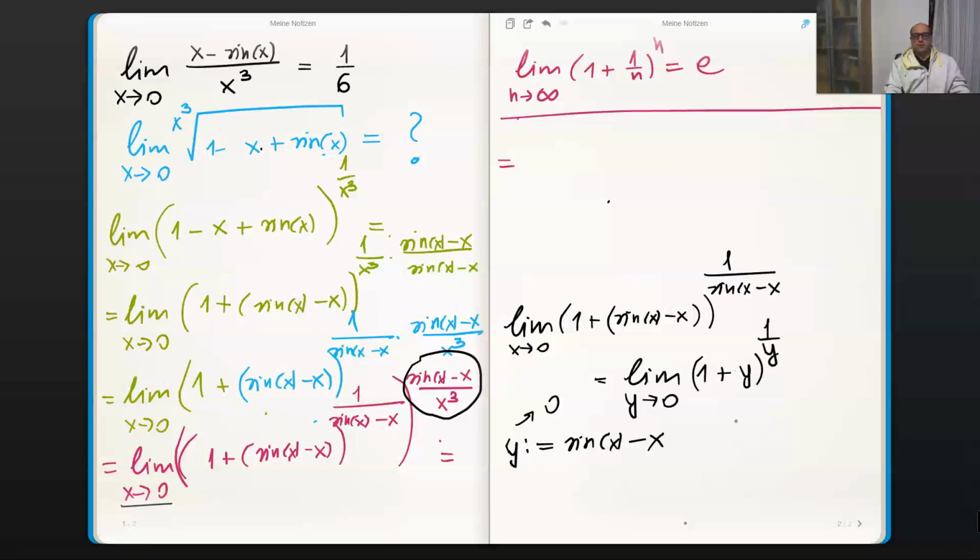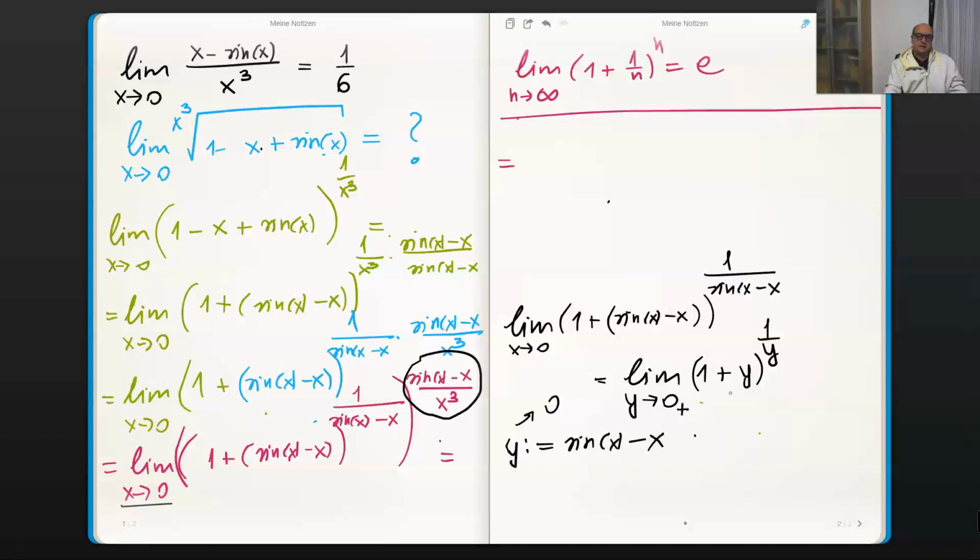For the sake of argument, let us say y is a positive value. We don't actually care whether it's positive or negative, because for the limit to exist, it doesn't matter whether we're running from the right-hand side or from the left-hand side. It should be equal in both cases. So we take the right-hand side, and the left-hand side must be exactly the same, otherwise the limit wouldn't exist.